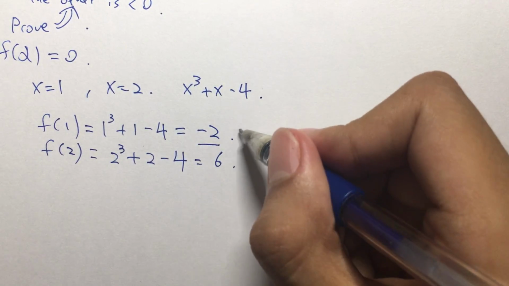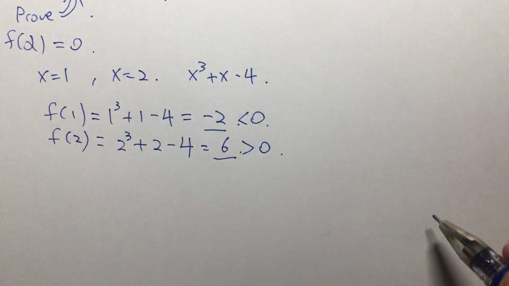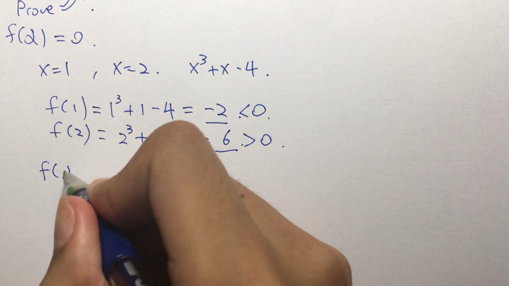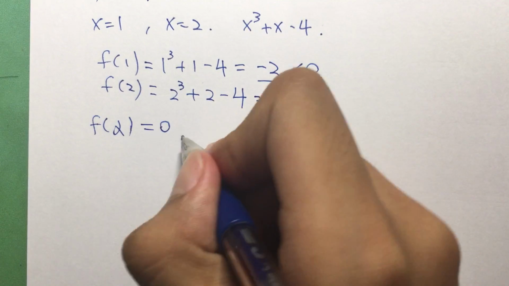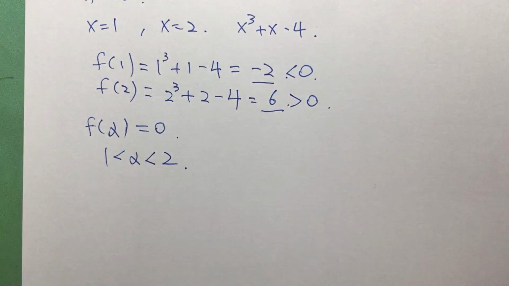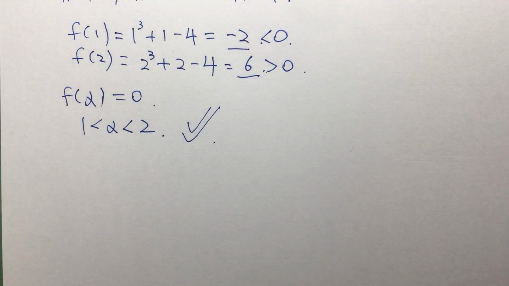Here, negative 2 is smaller than 0 and 6 is greater than 0. So we can deduce that there is an alpha such that f(alpha) equals 0, and alpha is greater than 1 and smaller than 2. And we have solved this problem.